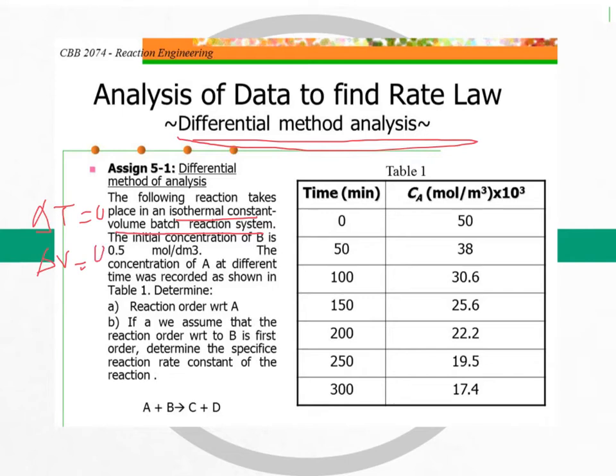The initial concentration of B is given as 0.5. The concentration of A at different times was recorded as shown in Table 1.